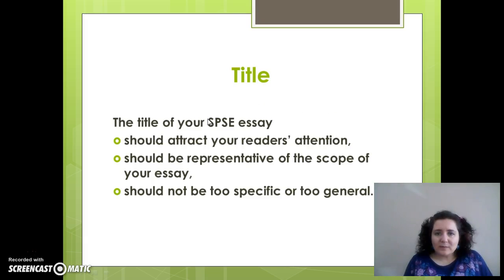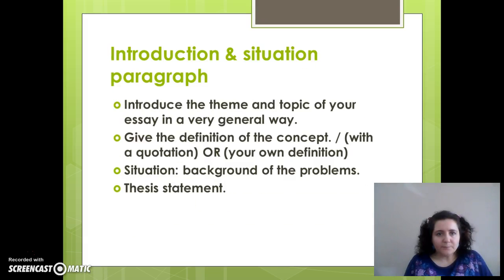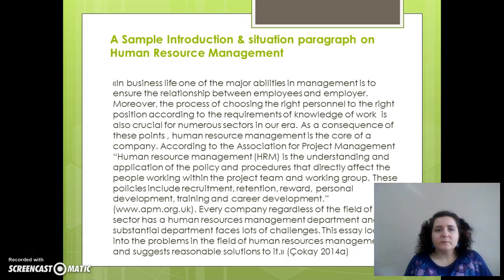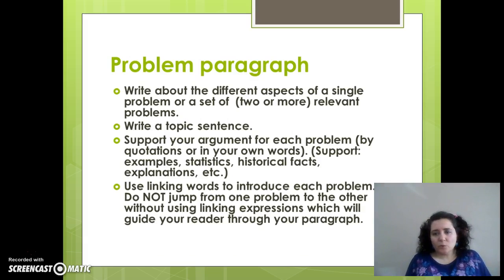We worked on the title, how to write a proper title for our essay, and how to write an introduction and situation paragraph. And now here we go with how to write a problem paragraph. When you're writing the problem paragraph, you look at the problem. Actually, there are two ways that you can approach this paragraph.